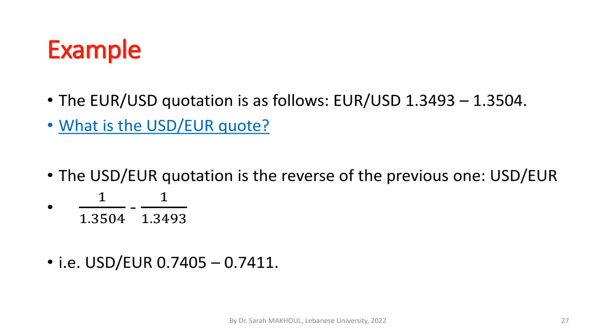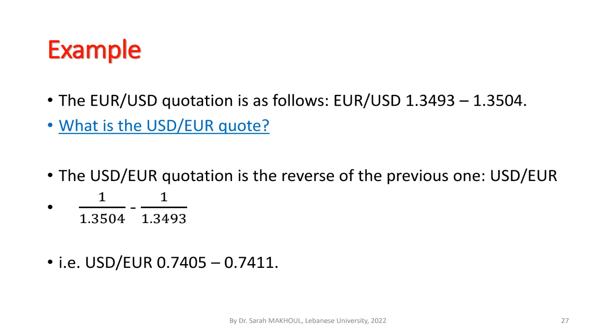You reverse the previous one. You put 1 divided by 135.04, which becomes the bid on your left side, and the ask on your right side is 1 divided by 134.93.